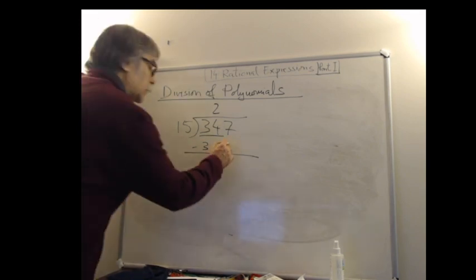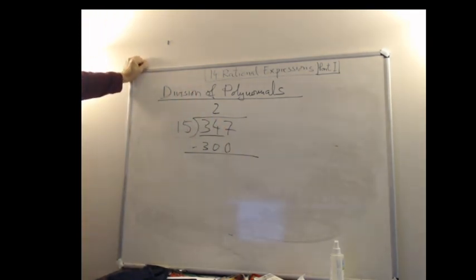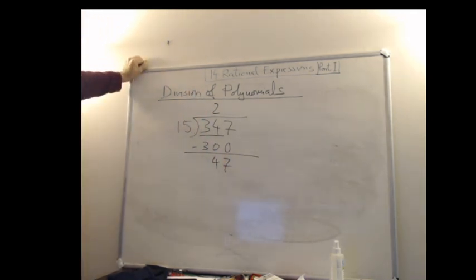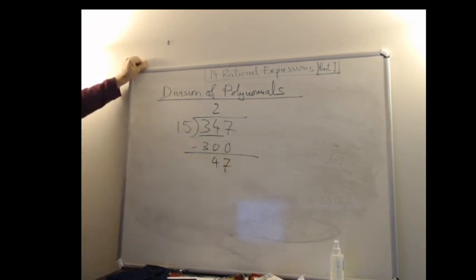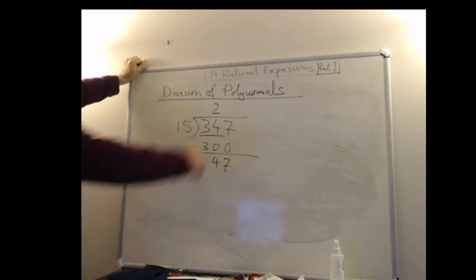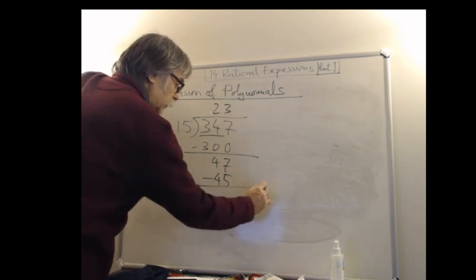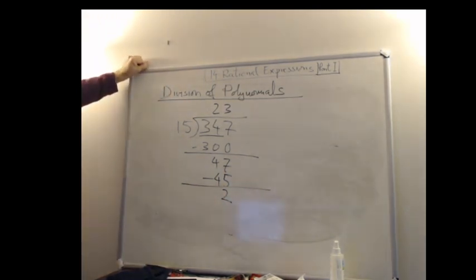Some people also write 300 and I subtract. Yeah, that's perfectly fine. So you got 7 here. And 4. And now you ask yourself, how many times 15 goes into 47? It goes 3 times. 3 times 15 is 45. Subtract again. 2 is left.